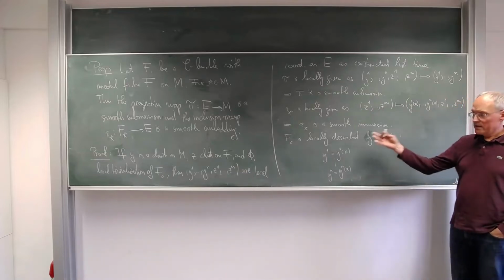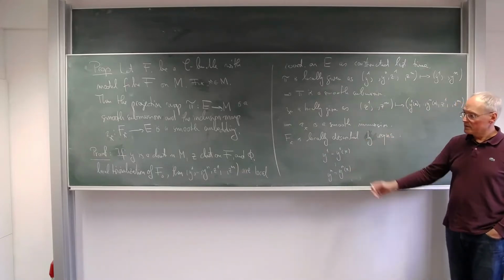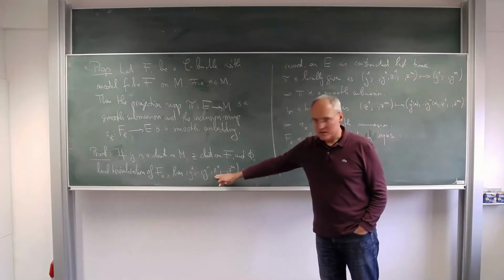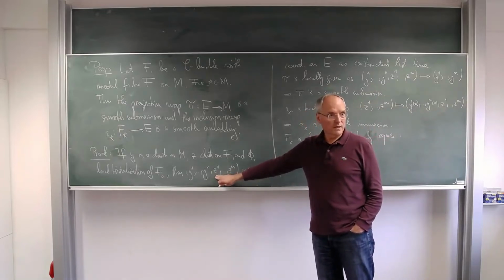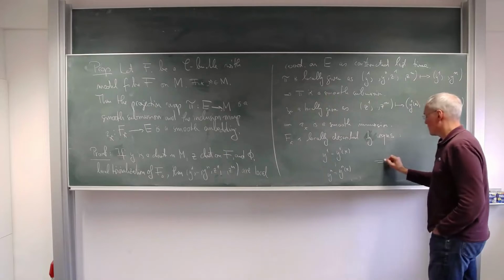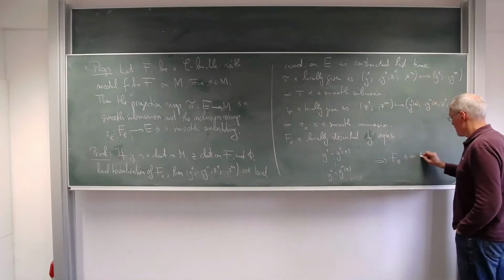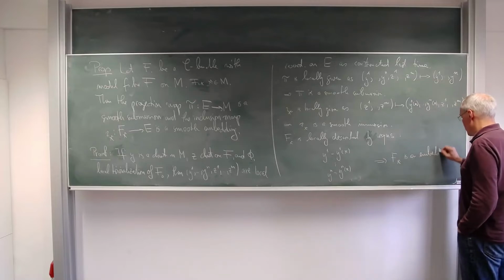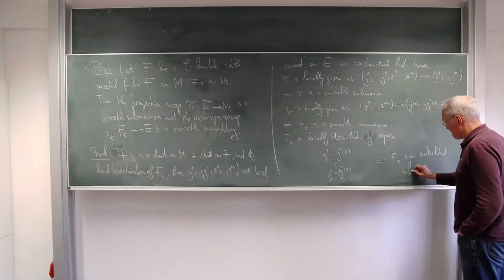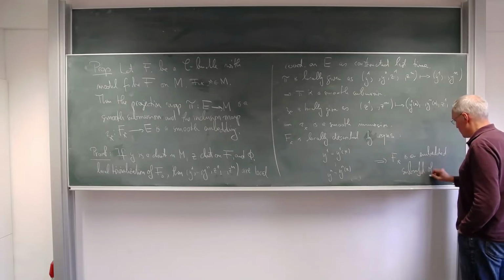And so that means that this is a submanifold chart for the fiber F_x. So therefore, F_x is an embedded submanifold of the total space.